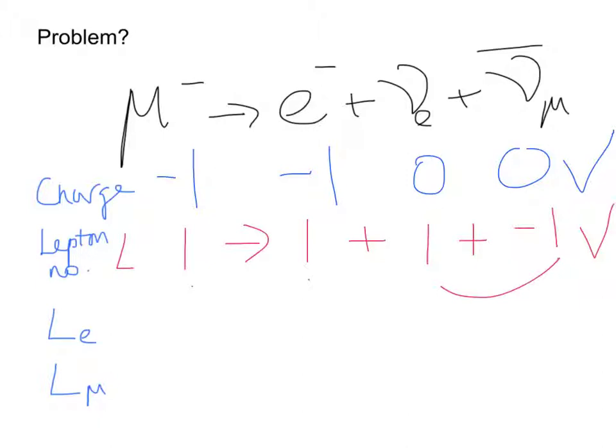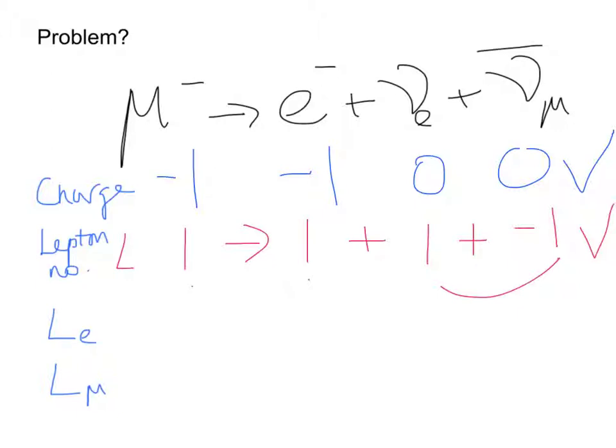The reason being that a muon can only decay into a muon neutrino. It can't decay into a muon antineutrino. And also an electron can only be created with an electron antineutrino.